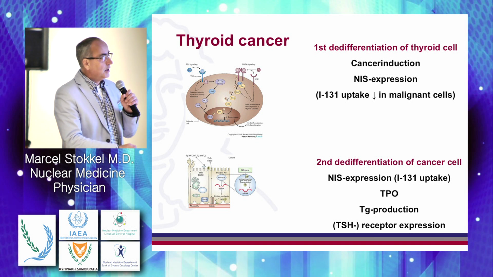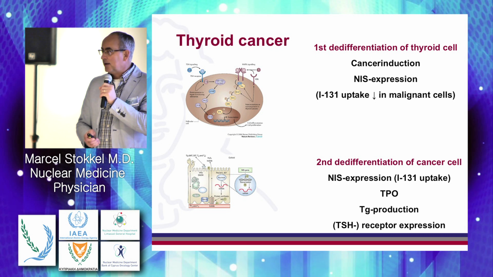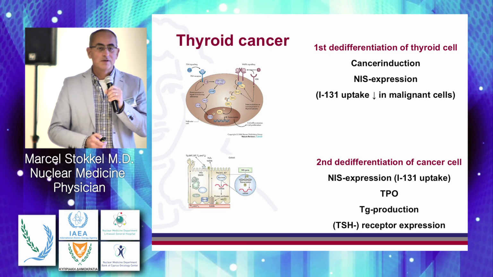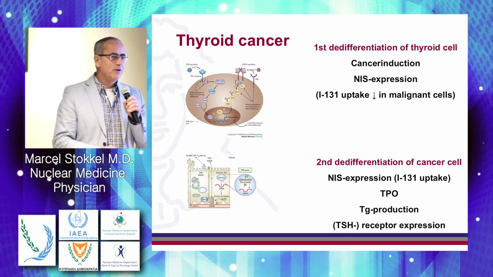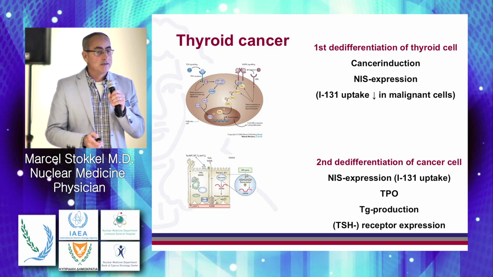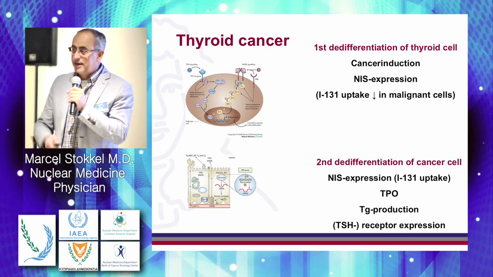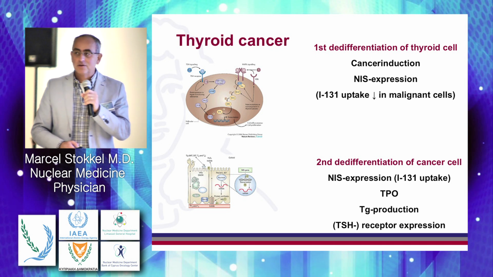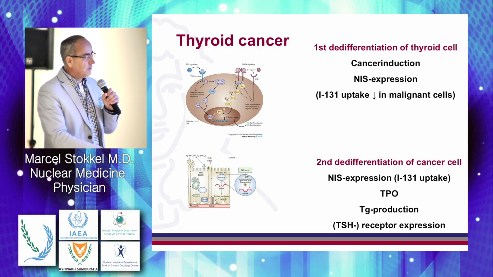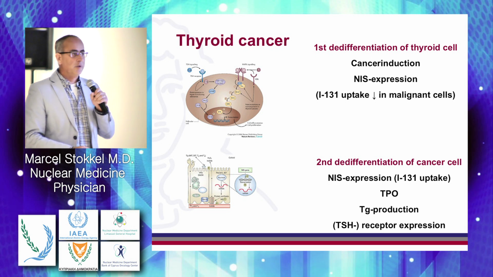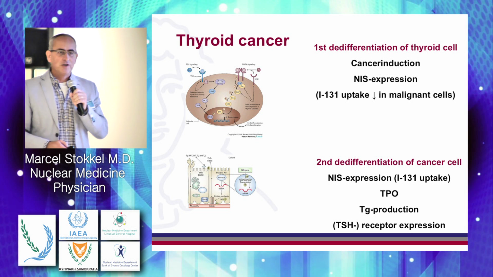That means generally that in thyroid cancer cells, the uptake of radioiodine is less optimal than in the normal cells. From that perspective, you can realize that the treatment of thyroid cancer requires higher activities than when you treat benign thyroid disorders. That is the basic principle of ablation or treatment of thyroid cancer at the initial stage. I'm not talking about the dedifferentiation process that will be later on today, but about this first step, thyroid cancer induction and an optimal treatment.